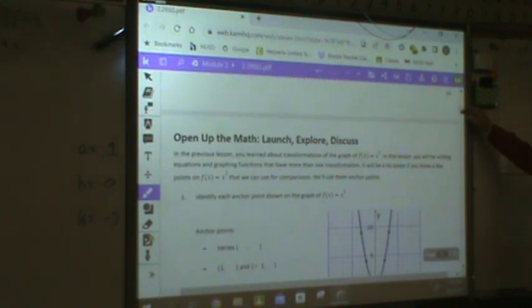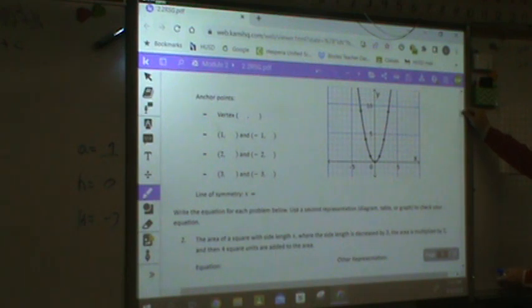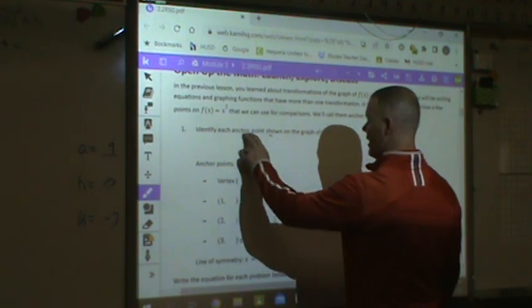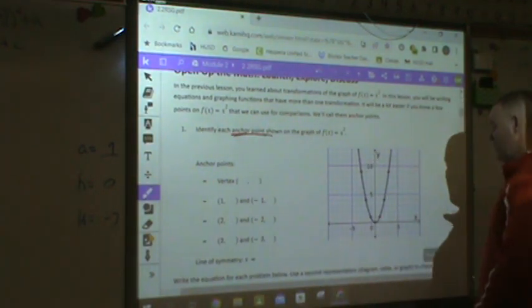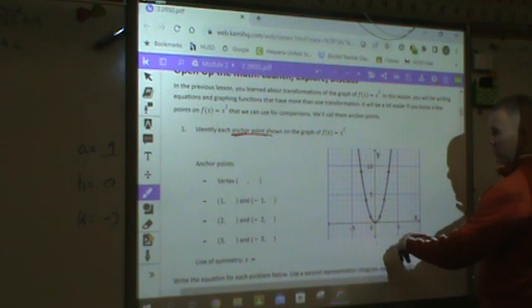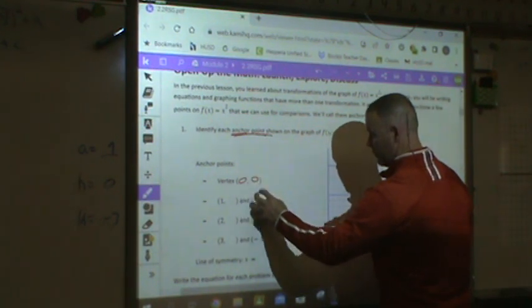Now, going back to what I said at the beginning, they're trying to get you to understand that you have anchor points right here, and these anchor points are points that are on the parabola. You have the vertex, which in this example is (0, 0).